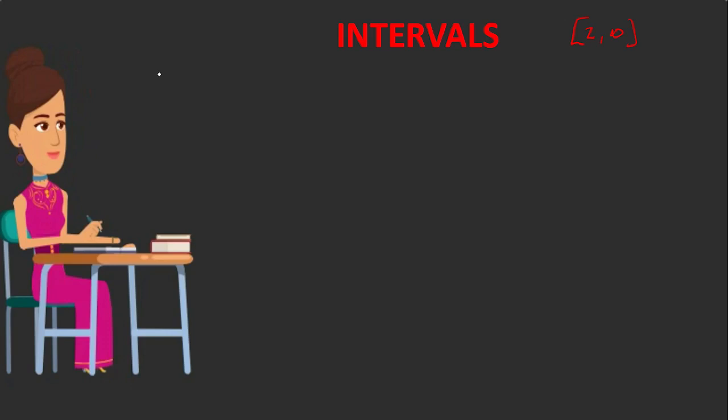So let's start. Let A and B be distinct. When we say distinct, we are simply talking about different real numbers.